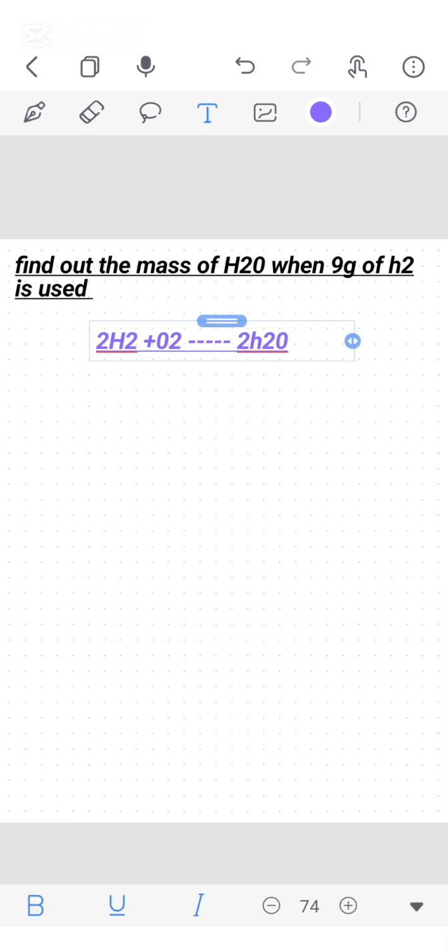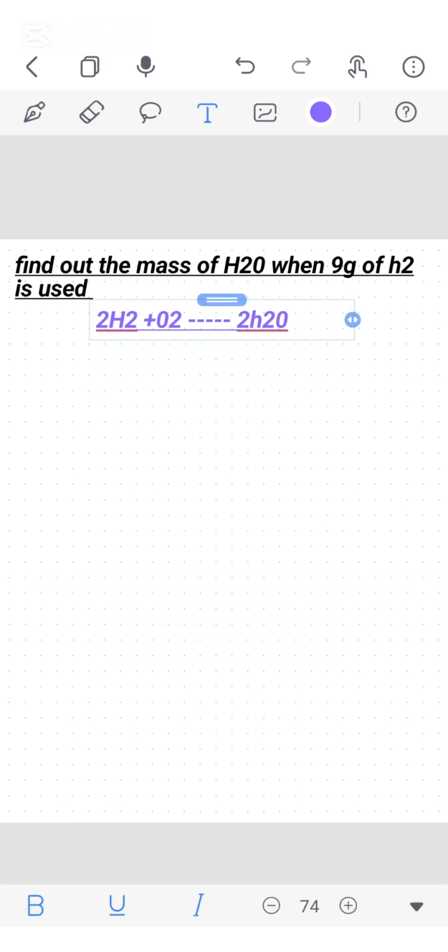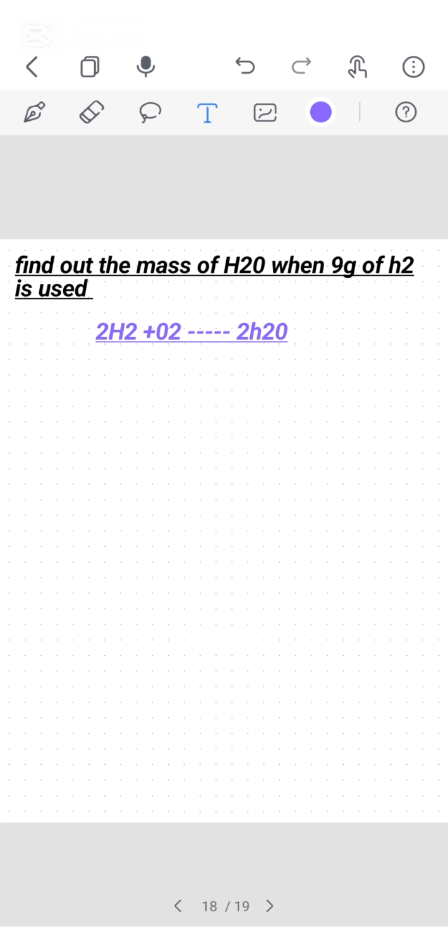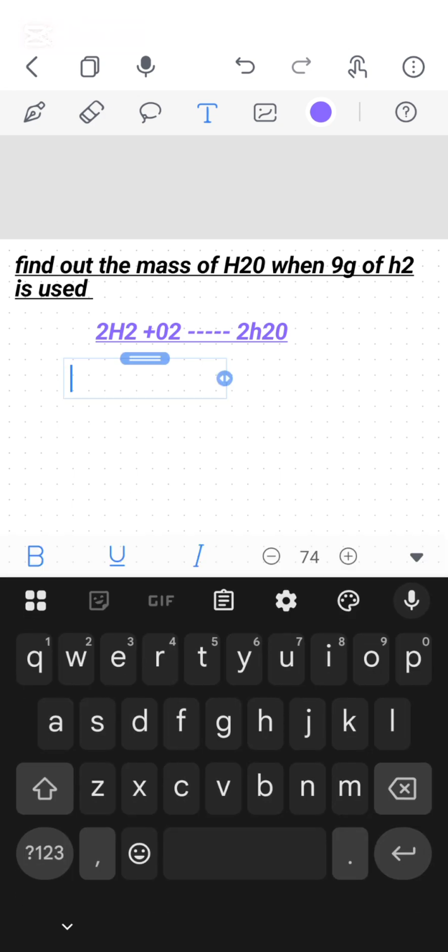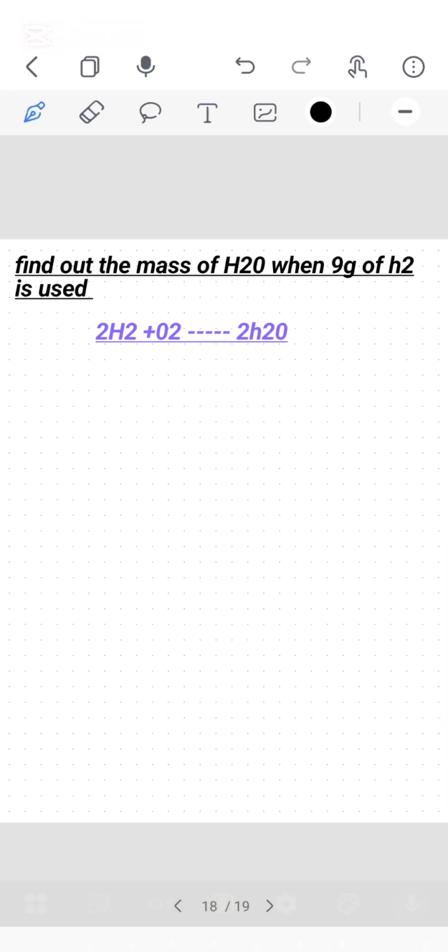That is how the equation would be. Okay, so now they simply said to find out the mass of H2O when 9 gram of H2 is used. These three things are there in the question.